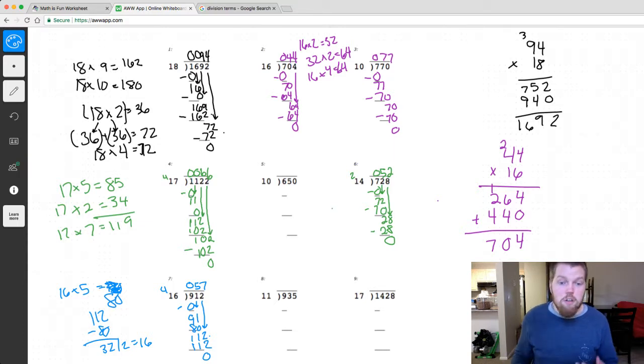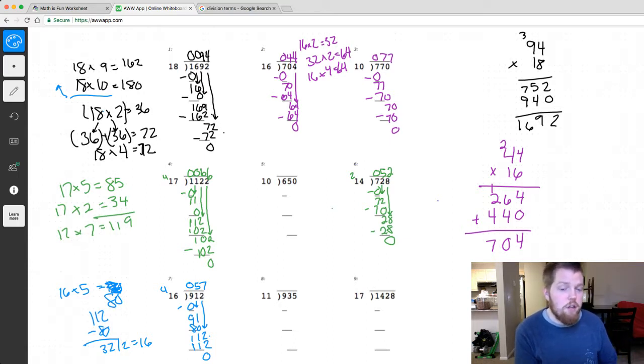And if you can start to think about numbers like that, you'll be able to compute these faster. And like we've done, you can do guess and check. You can do the 18 times 10 and build a times table kind of up and down from there, like 18 times 9, 18 times 11, etc. You might have to do some guess and check or building some multiplication tables, but the more you can think about this in your head, the faster you're going to be able to do these problems.